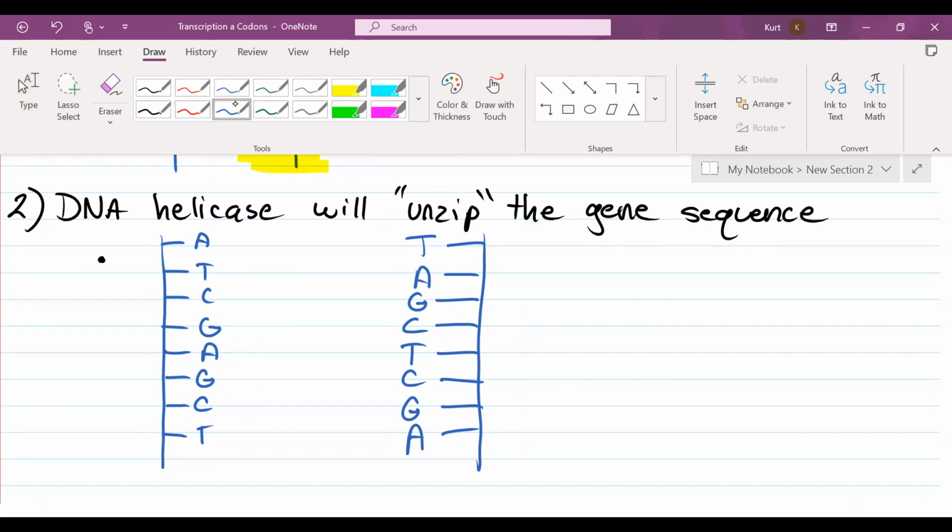Now, one thing I forgot to do is label which one is 3 and 5 prime, so you can go and do that now. I keep forgetting that. There you go.